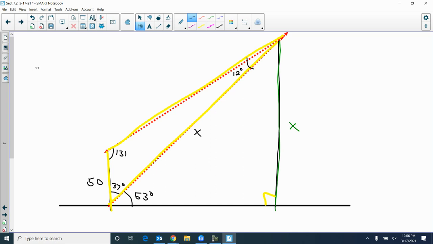So I can do sine of 12 over 50 equals sine of 131 over x. And then solving that. Now, that's not our final answer. But what, anybody have that? 181.5. So that value is 181.5. Let me change this to y.